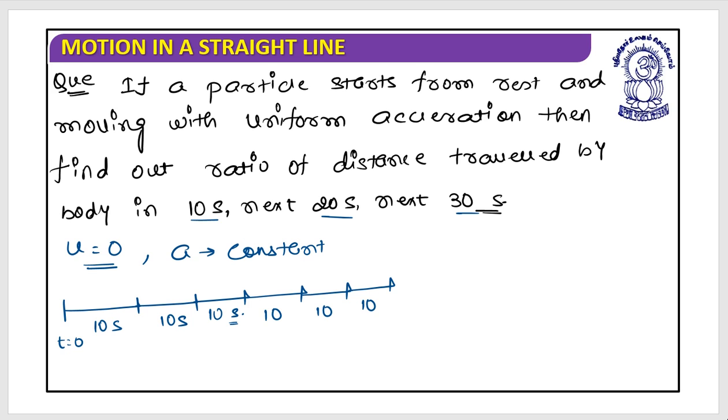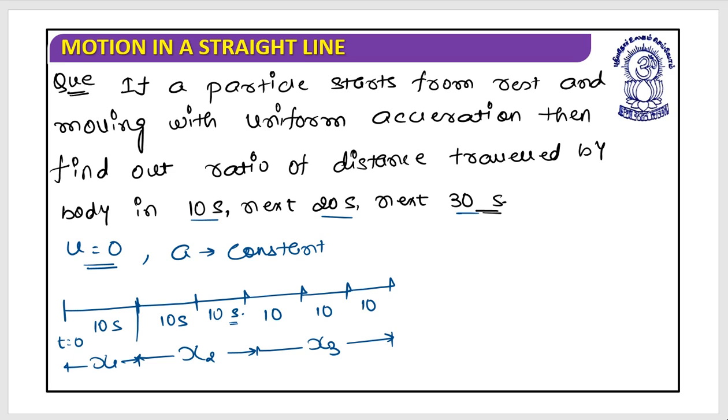Let's say this distance they called as x3, this distance they called as x2, and this distance they known as x1. So if I have a ratio of this, then what it would be? Now in my situation the distance looks like same.